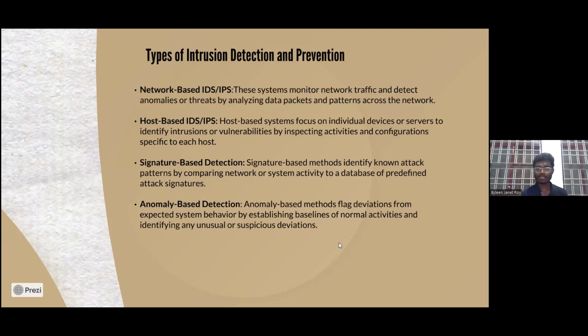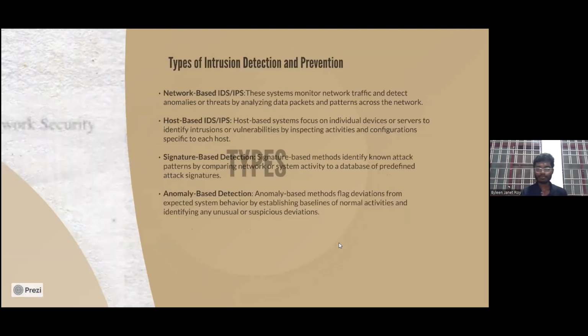And anomaly-based is a method that flags deviations from the expected system behavior. Like he has a regular systematic behavior and there is a sudden, unusual change in the user. That gives an anomaly-based detection too.